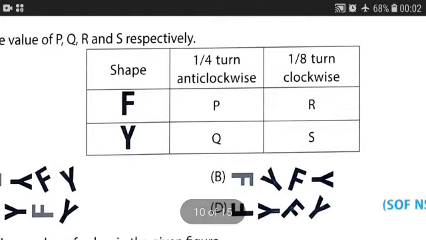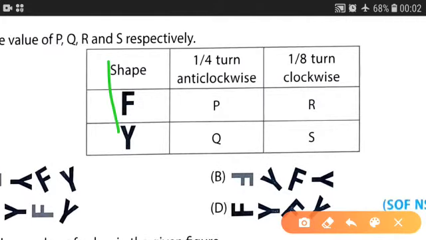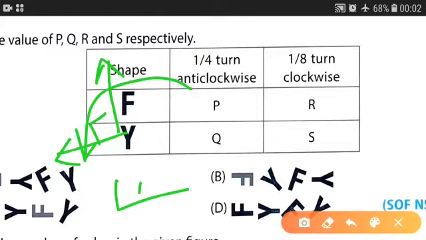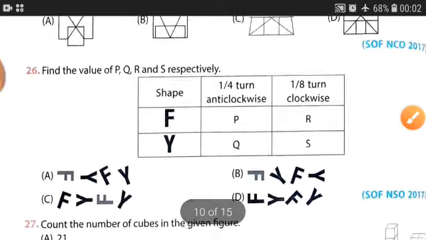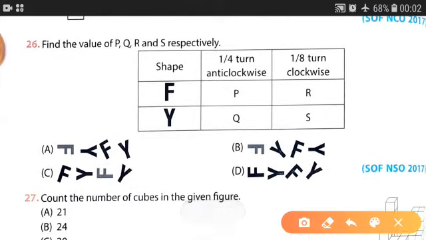So F will become like this. This is 90-degree anti-clockwise rotation. As you can see here, only option D follows the same criteria for Y also, rotating anti-clockwise 90 degrees or 1/4 rotation.